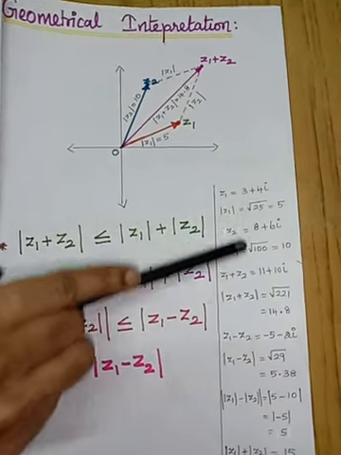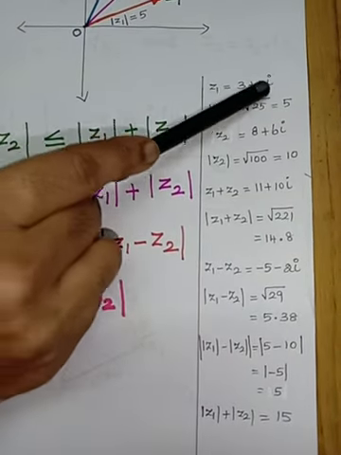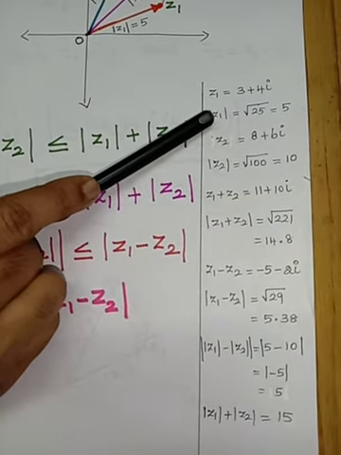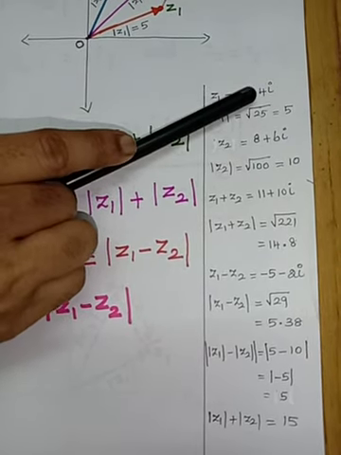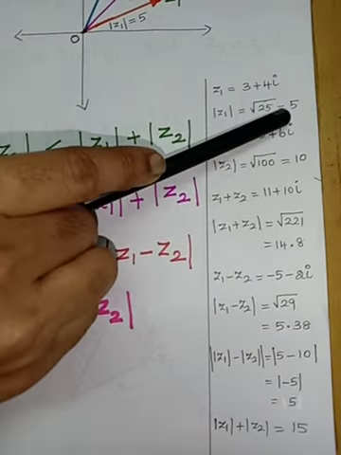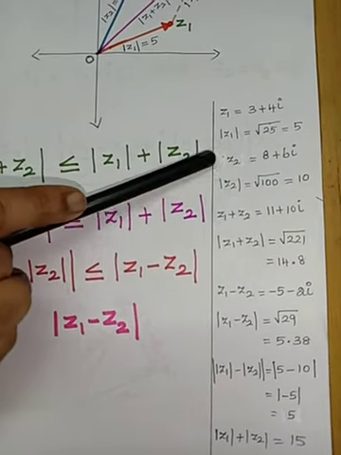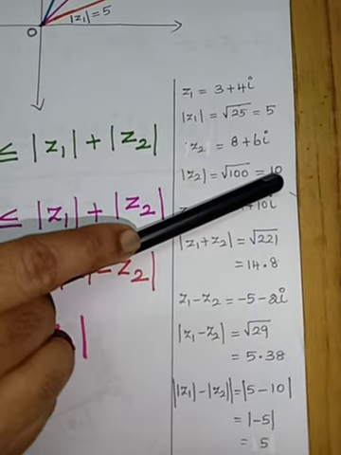For that I have taken this one example to explain this. z1 is 3 plus 4i. So what is modulus of z1? Square root of real part squared plus imaginary part squared, that is square root of 9 plus 16, square root of 25, which is equal to 5. The same way, z2 I have taken as 8 plus 6i, so modulus of z2 is equal to 10.